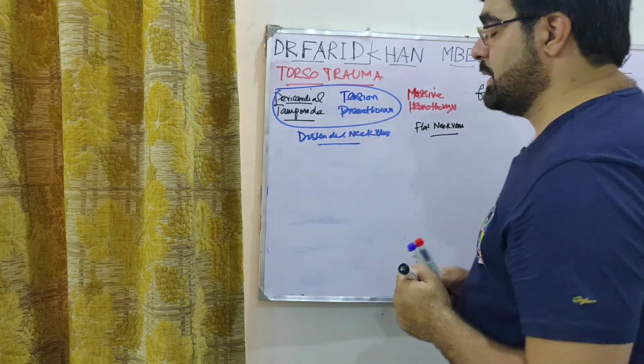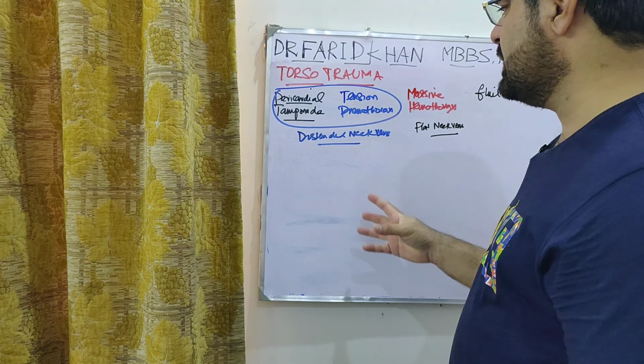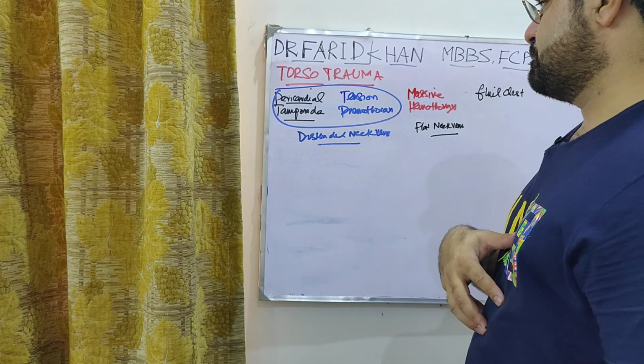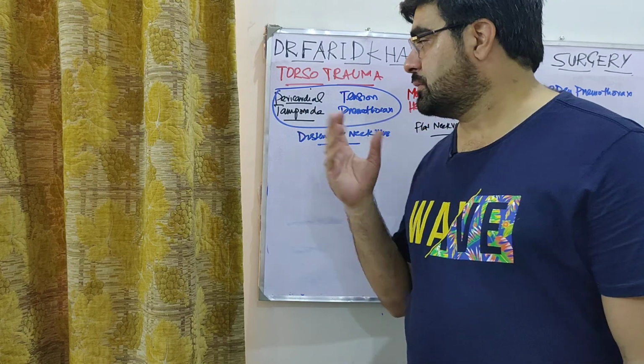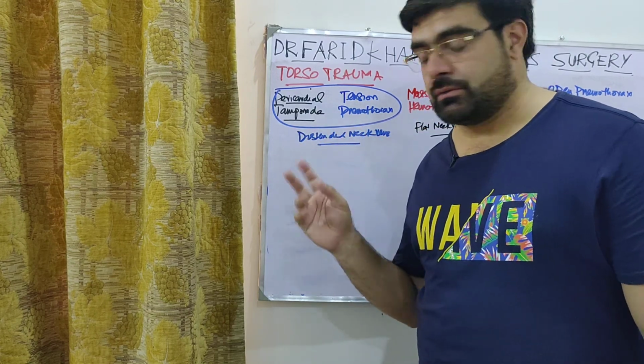Why? There is an overall back pressure on the neck veins which has caused them to be distended.